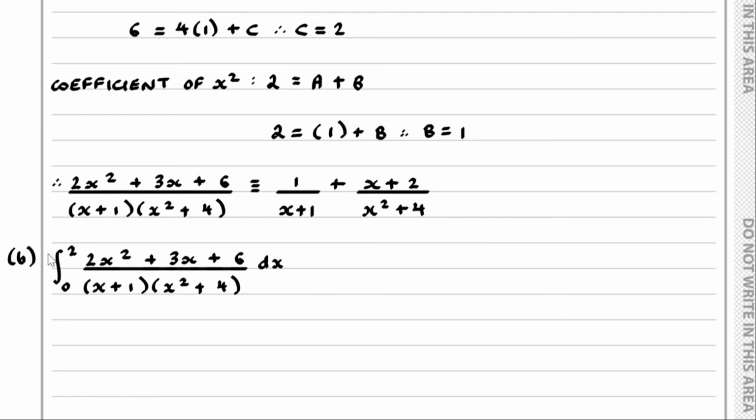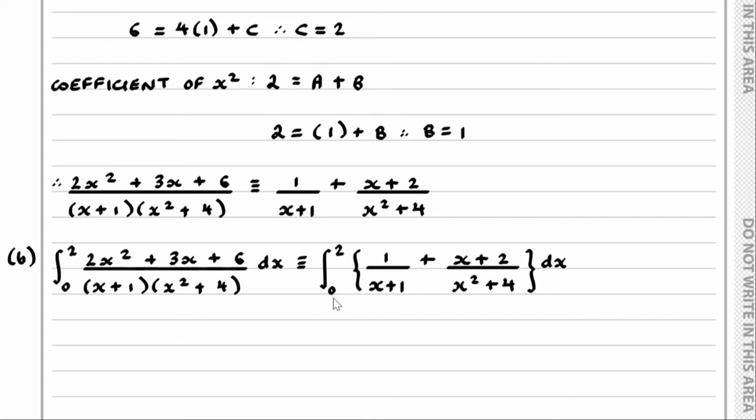Well, for part B, we are integrating this result here, and if we use what we found in part A, this is the same as integrating between 0 and 2, 1 over (x + 1) plus (x + 2) over (x squared + 4) with respect to x. Now integrating 1 over (x + 1), that's quite easy, but integrating (x + 2) over (x squared + 4) is a little tricky.